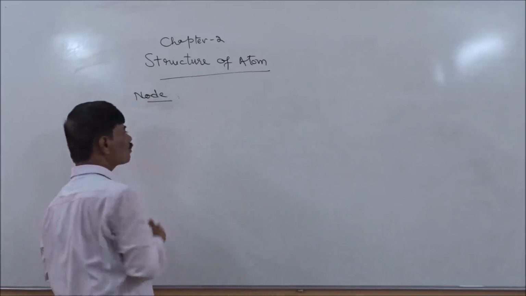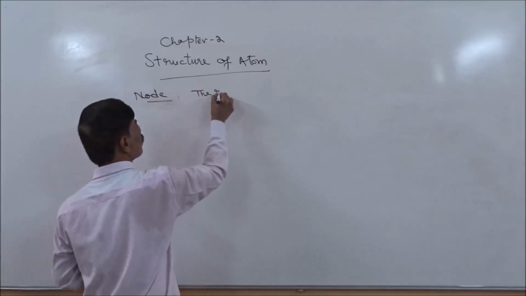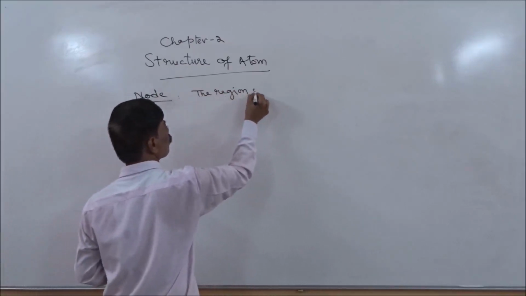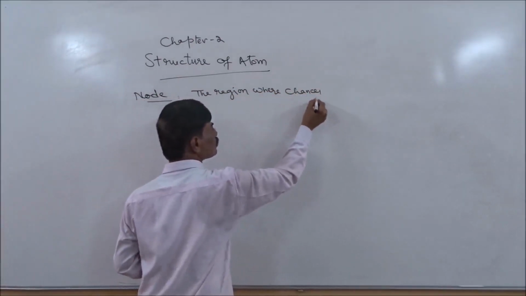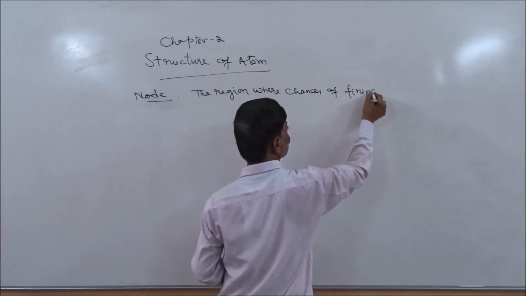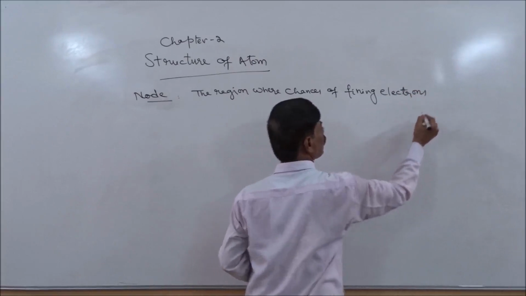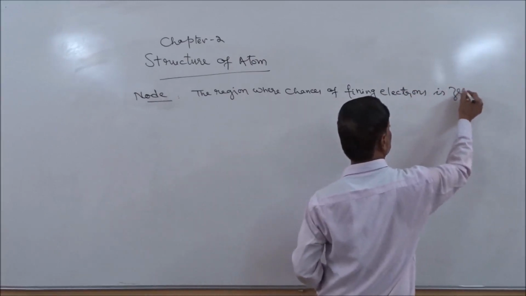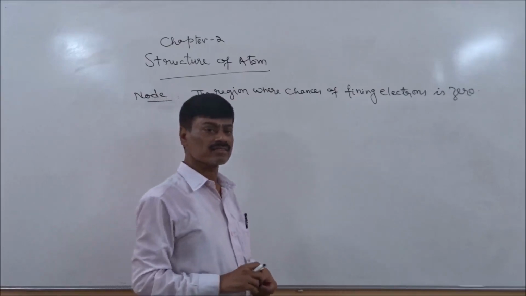First let me write once again. Node means the region where chances of finding electrons is zero. Means in that region electron doesn't exist.